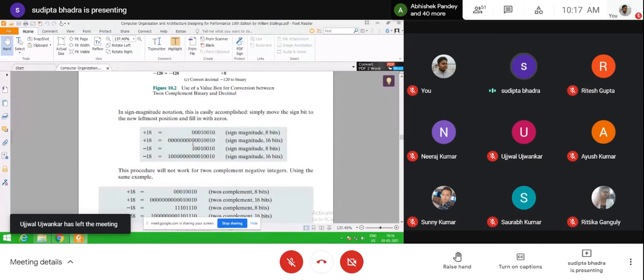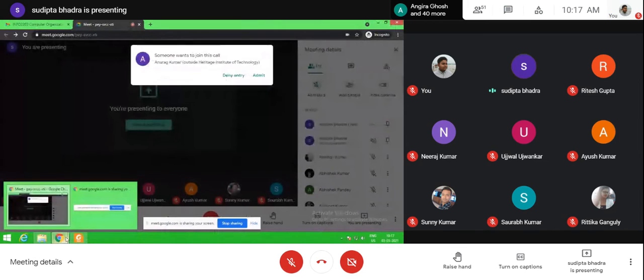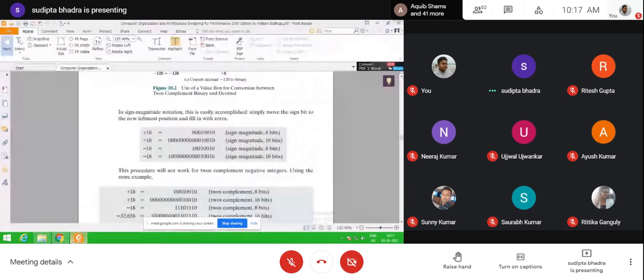Here it means that the word size is 16, but your magnitude is 18. So here 8 bit will be filled up with the previous value, and the rest will be filled up by 0.